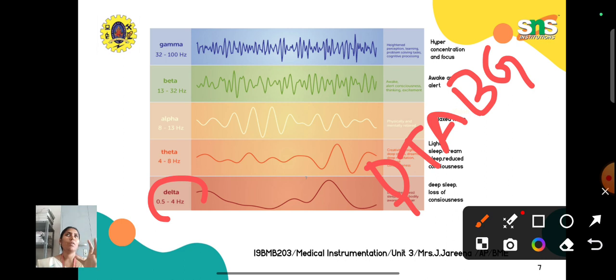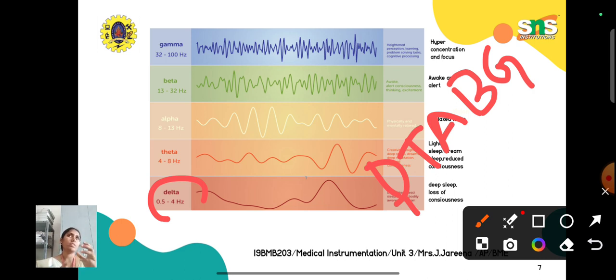Your IQ level should be very high and you have to think out of the box. You should be deep into that particular topic without any diversion. There you need 105 percent concentration, which is why it is called hyper concentration and focus.